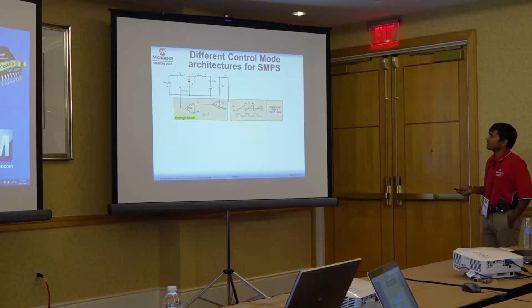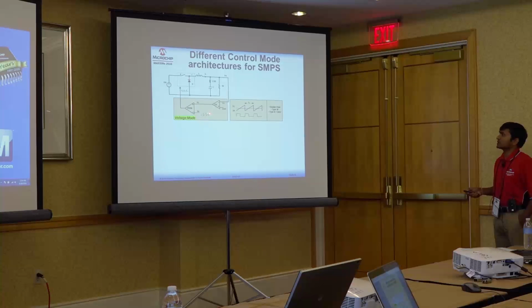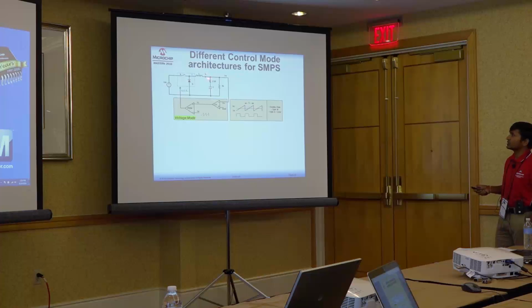At each clock cycle, the high side switch is turned on and provides energy to the switch node. There is also a sawtooth ramp that is compared with the error signal. Whenever the sawtooth ramp reaches the error signal, the high side switch is turned off and the low side switch turns on and freewheels the energy through the inductor and output capacitor.